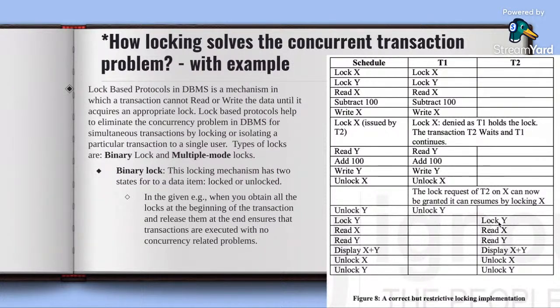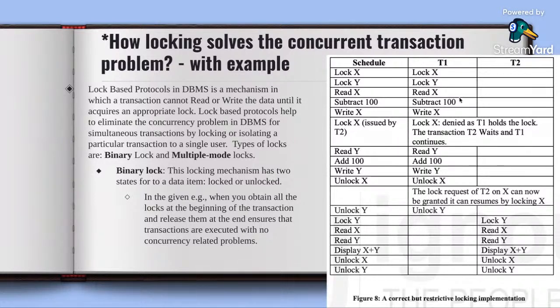So lock Y. Now at this point, it's locking Y, and then this is where the transaction starts for T2. So it looks like when you obtain all the locks at the beginning of the transaction and release them at the end, it ensures the transaction is executed with no concurrency-related problems. That's binary lock.